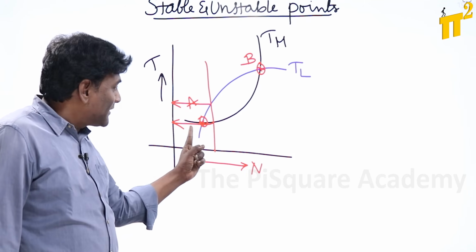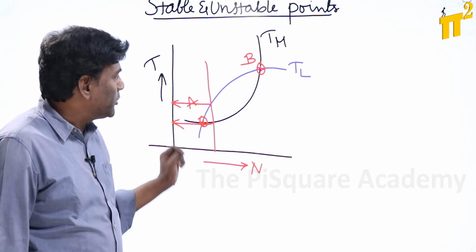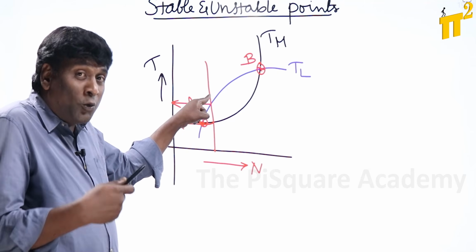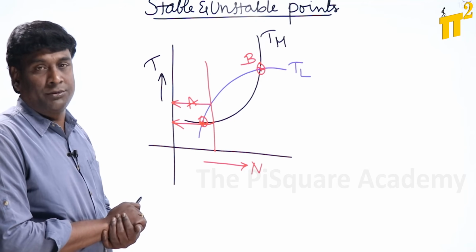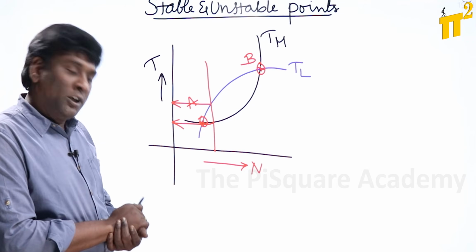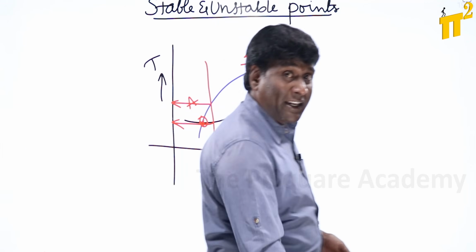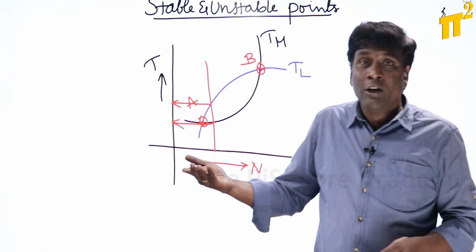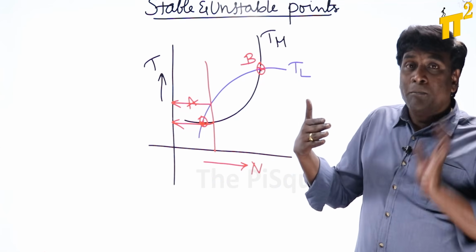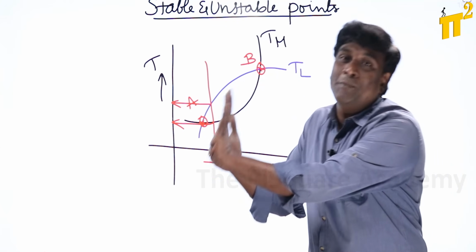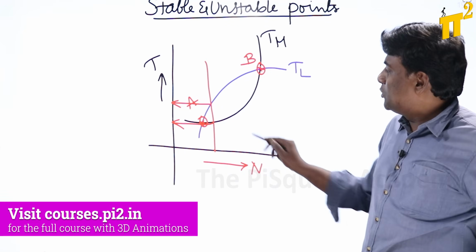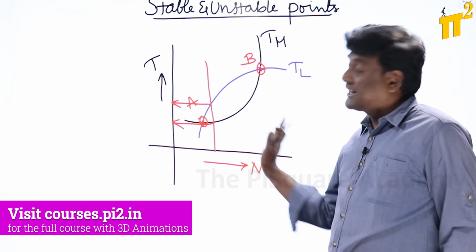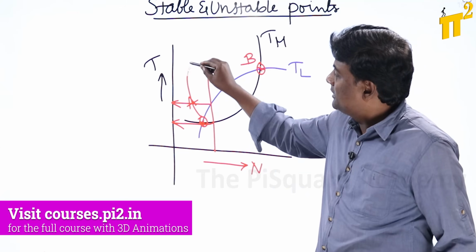After this junction point, the torque requirement of the load is increasing, and the torque developed by the motor is going to be reduced. So the load is requiring more torque, but my motor is unable to give that much torque, so that is going to be a decelerating torque. My operating point will not travel towards this, so it is going to be stable.